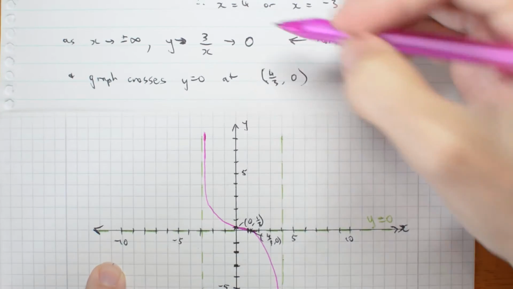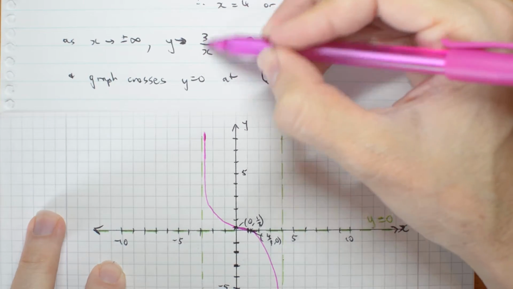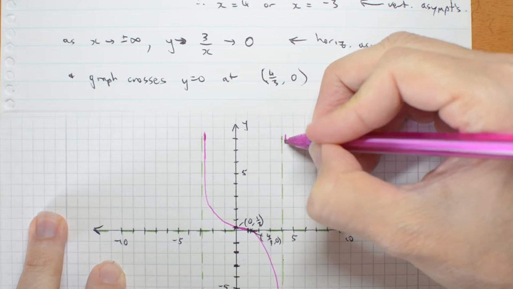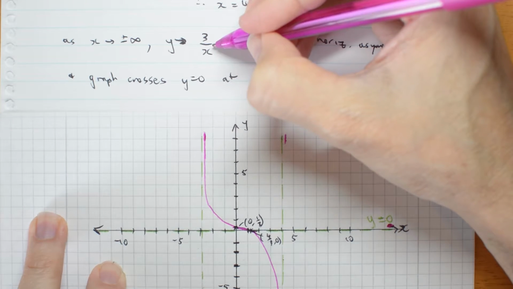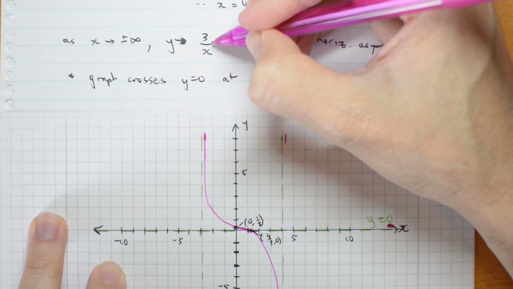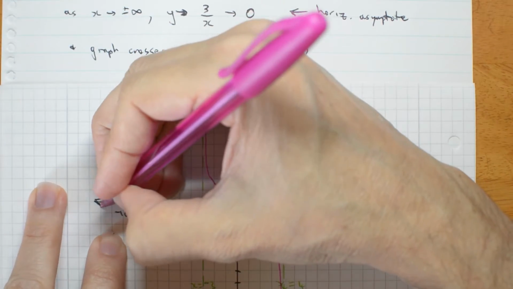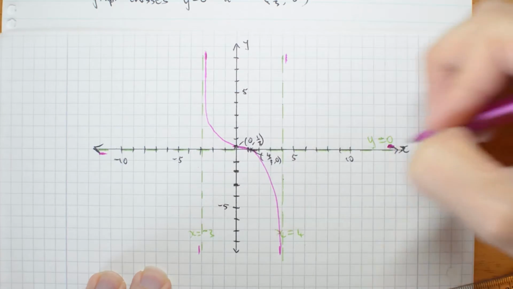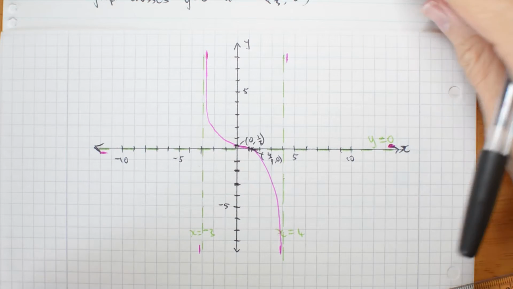We decided as x is positive and large, then y is positive. So it must be going up to here. As x is large but negative, y is going to be negative. So it's coming here. So it must go down here. Just how tight are those graphs? I don't know yet. Let's do some calculations.